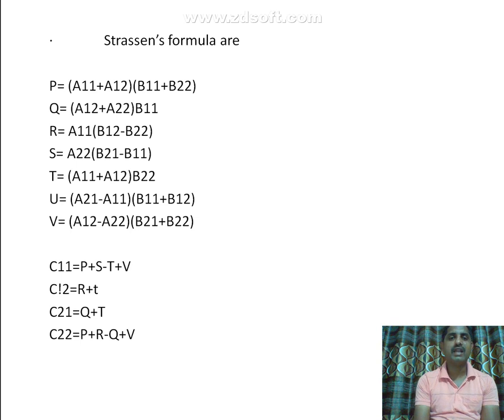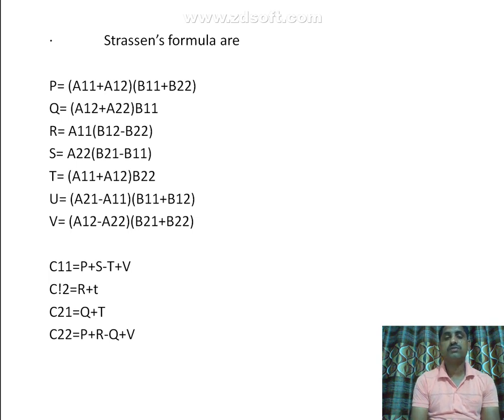Then how to calculate this one is, see here, C11 equal to P plus S minus T plus V, C12 equal to R plus T, C21 equal to Q plus T, and C22 equal to P plus R minus Q plus V. In normal multiplication we go for 8 multiplications and 4 additions.